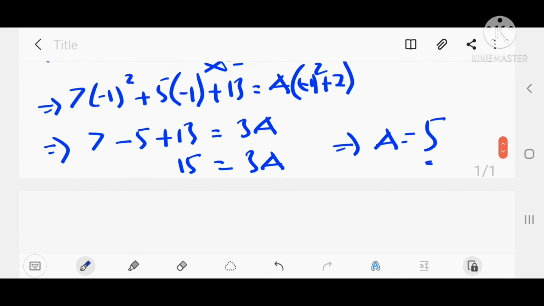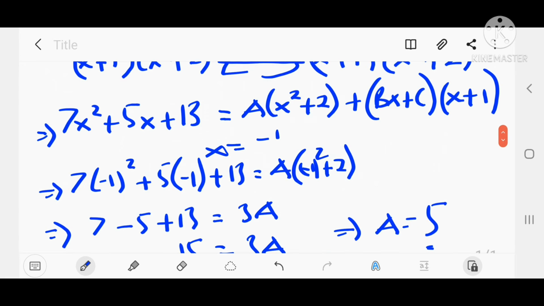So we can now use the a to get the b or the c. If you make this side 0, you'll be left with bx and c. So let's expand this expression.